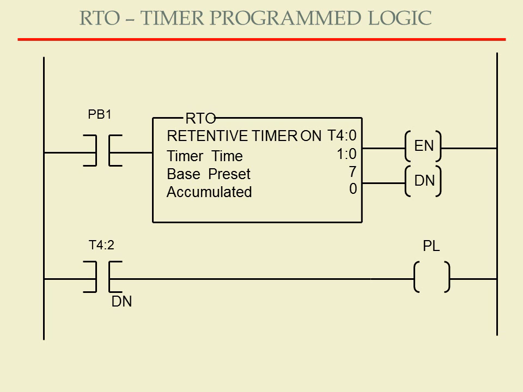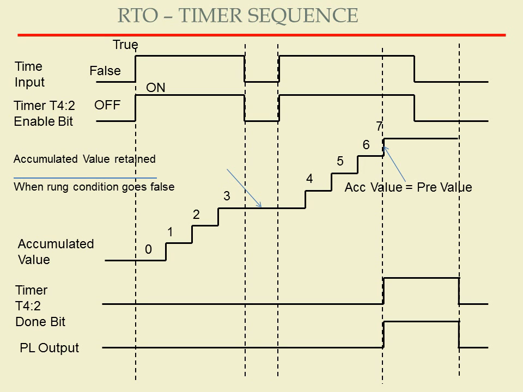So here the instruction is shown in the ladder diagram. The timer sequence is given here: time input, then the timer enable bit, and how the accumulated value changes. Whenever the switch is pressed, the timer will start timing.